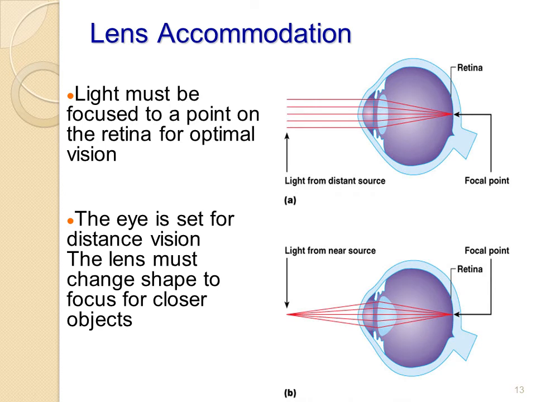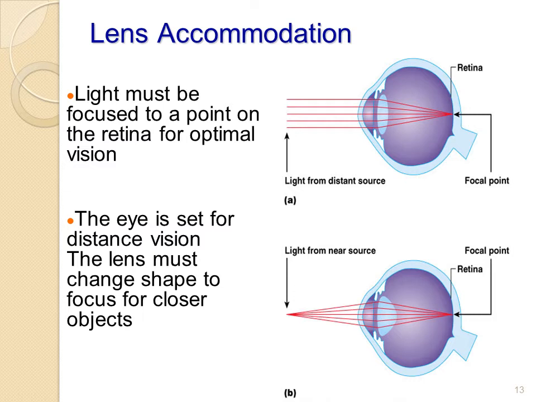Lens accommodation: we have two cases of light focused by the lens, in A and in B.